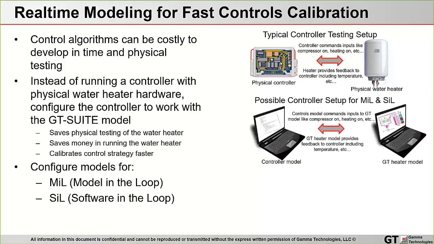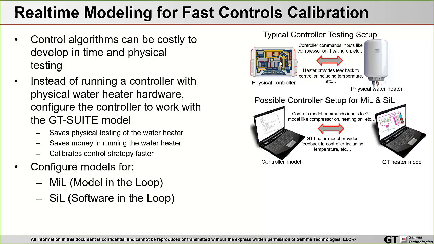Now, we feel that GT Suite can be helpful in the sense of reducing some of that physical testing and replacing it with some virtual controls calibration. And what this allows is that it can save physical testing of the water heater itself, and it also saves money in terms of the operating costs to run the water heater.